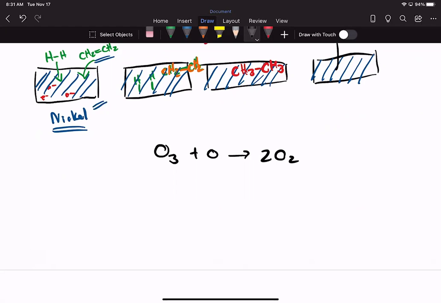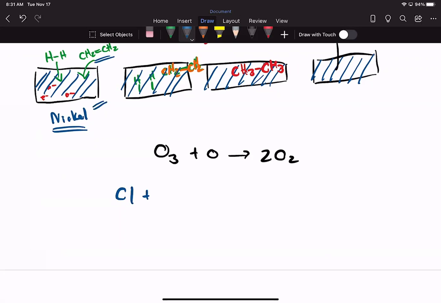So chlorine radicals are in the atmosphere. There are chlorine radicals like this that break off from chlorine gas. So chlorine can actually be used as a catalyst to help break down ozone into oxygen.